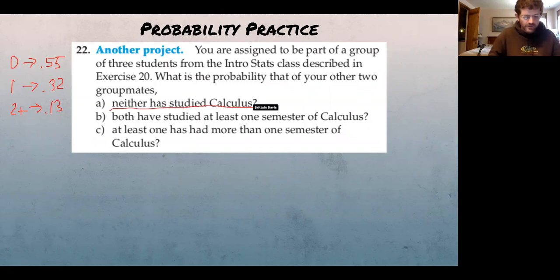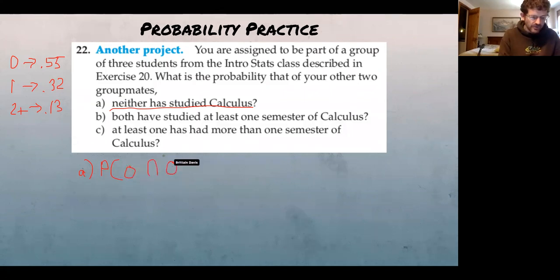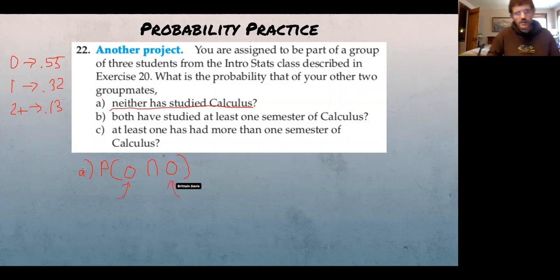Just think about what you're saying, and maybe I'll write it out this way. For A, I'm saying the probability of 0 and 0. What I mean is the probability that the first group mate has 0 semesters of calculus, and the second group mate has 0 as well. That "and" tells me I'm using my multiplication rule.